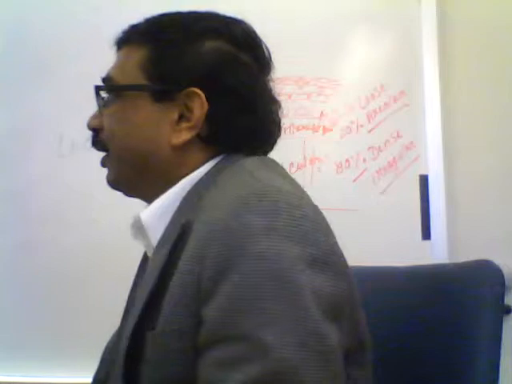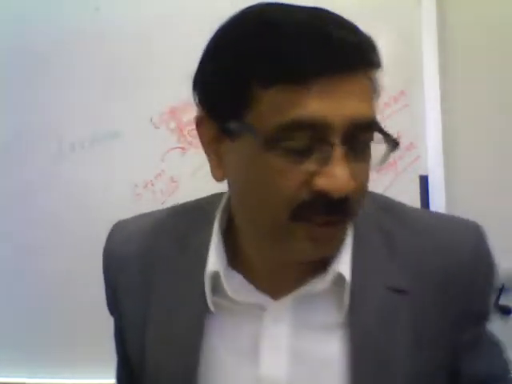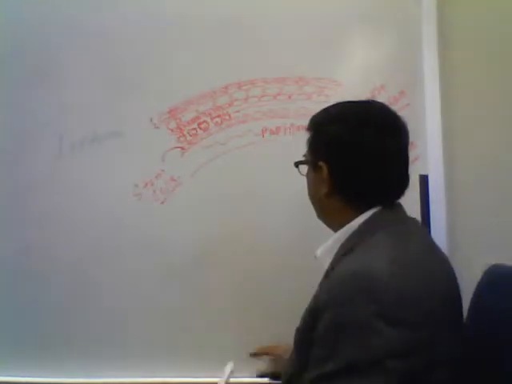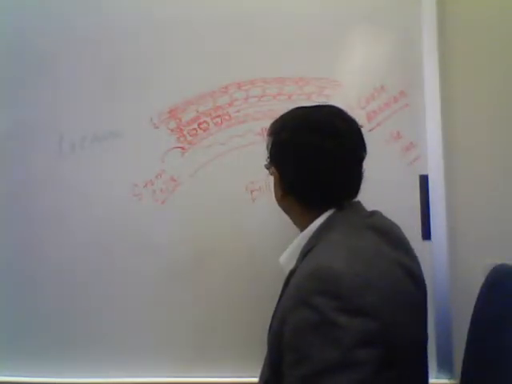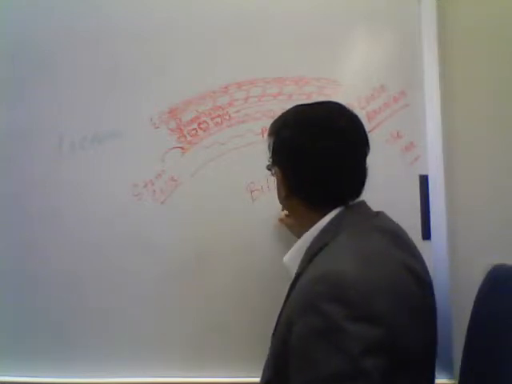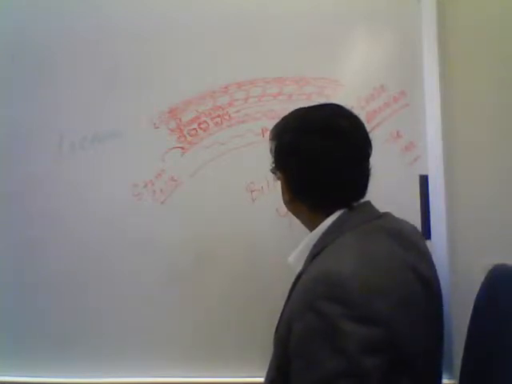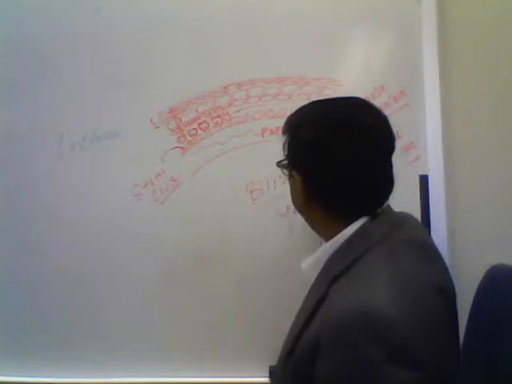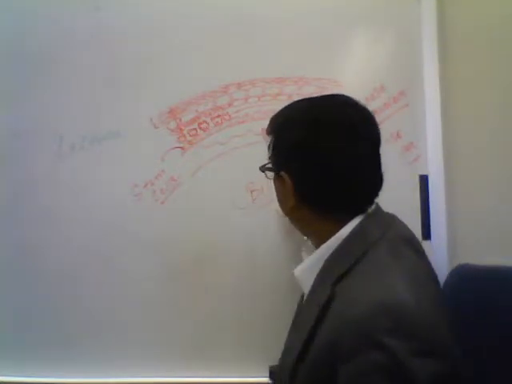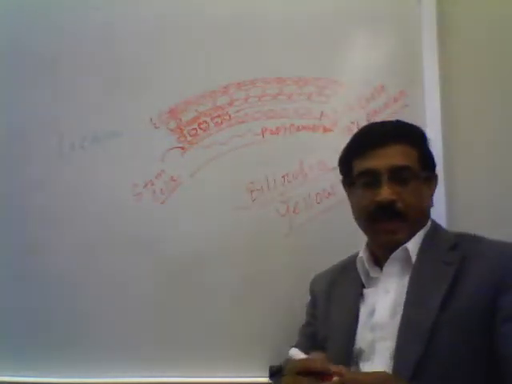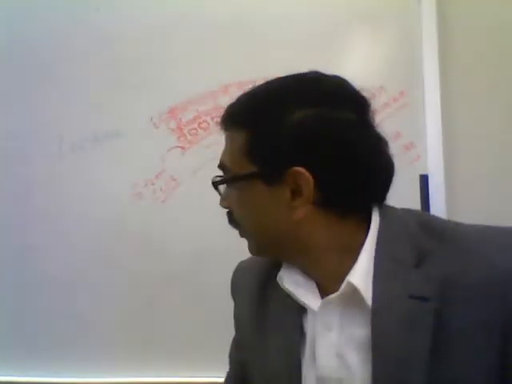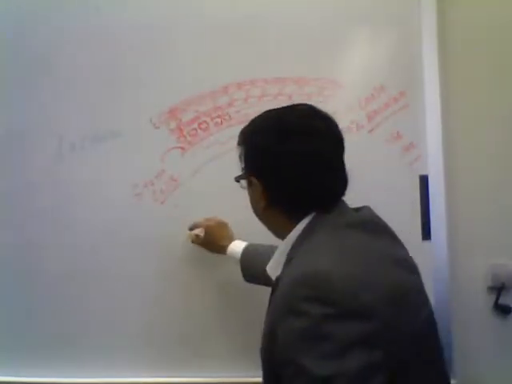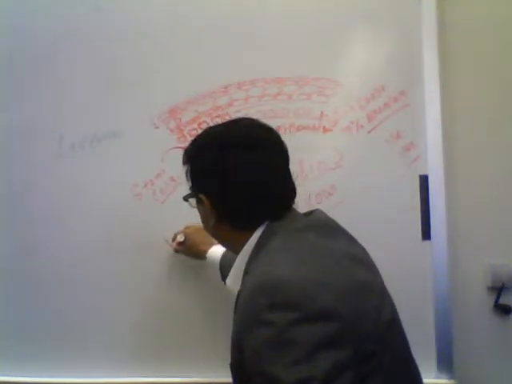Another pigment is not indicated here. That is also important. That is called the bilirubin. Yellow pigments. Okay, so bilirubin is yellow colored pigment, and bilirubin comes from the hemoglobin.